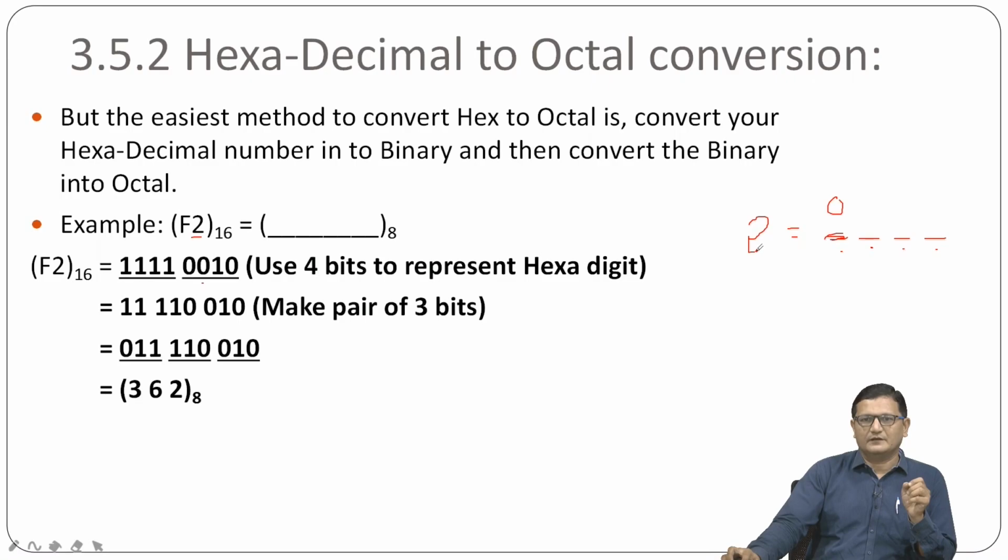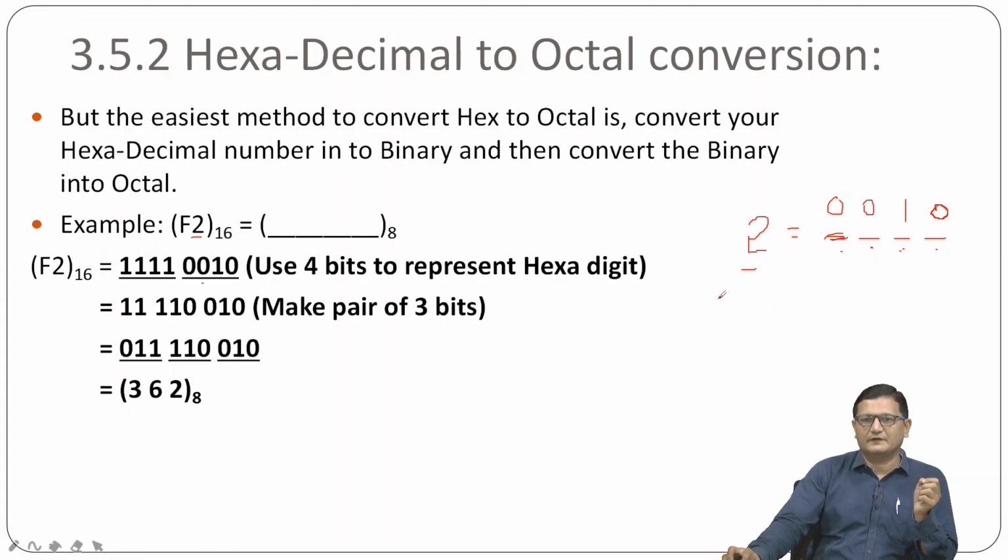Obviously not, because 4 is already greater than 2. So, here we will put 0. Then, do you need 2? Yes, we want 2. So, here we will write 1. Now, you have taken 2 and the number given is 2, so 2 minus 2 is 0. Nothing remains. So, do you need 1? Obviously, we do not need 1, because the number is completed now. So, this is the binary of 2.